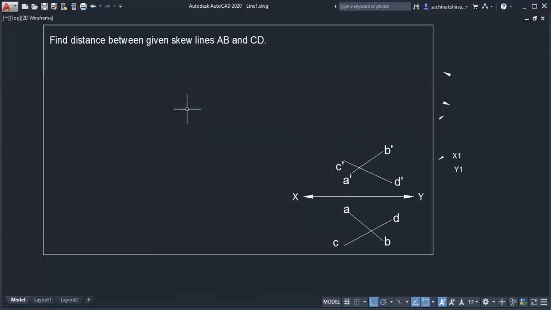Skew lines. How to identify skew lines? If the intersection point does not lie on a single projector.